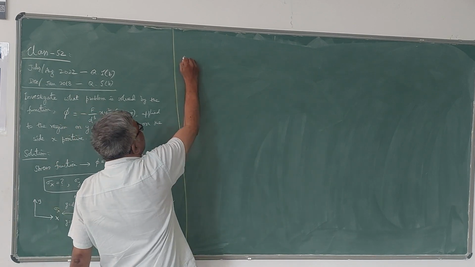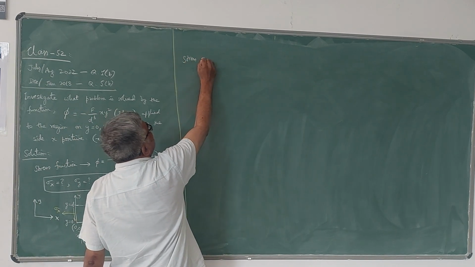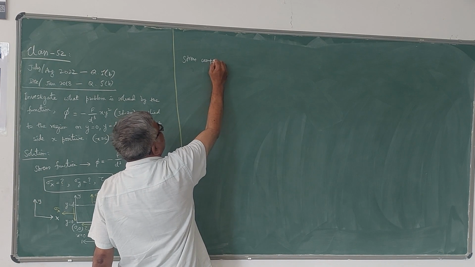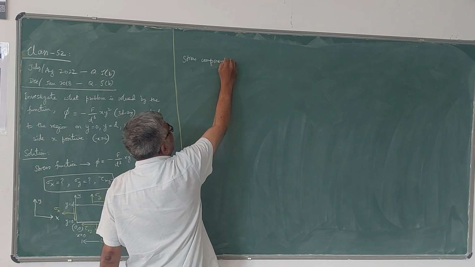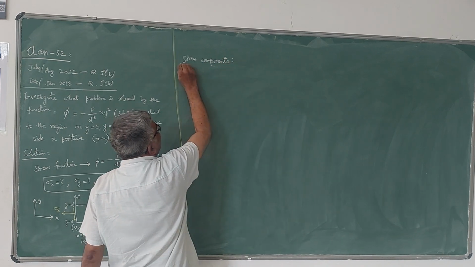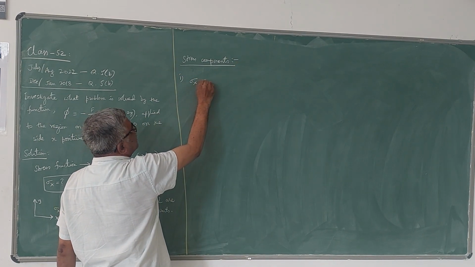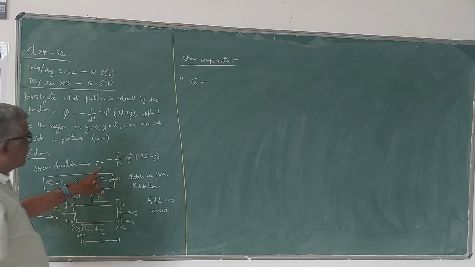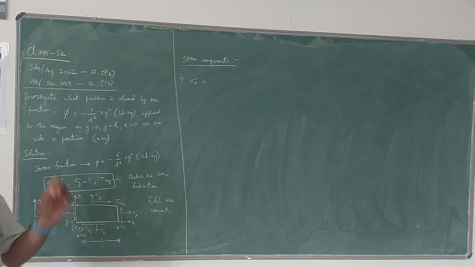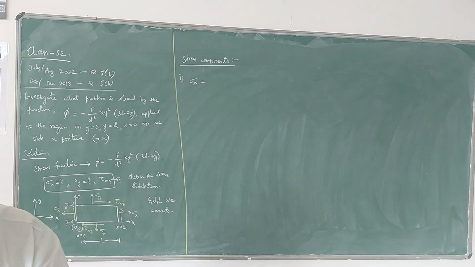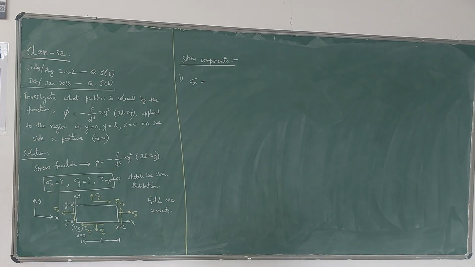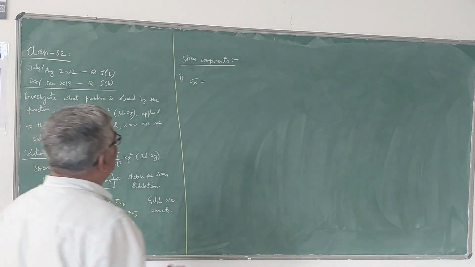Now we know that in the case of a two-dimensional stress system, there are formulas for the stress components in terms of phi. This we have done already. First one is sigma x. How do you get sigma x knowing phi? Sigma x is dou square phi by dou y square.